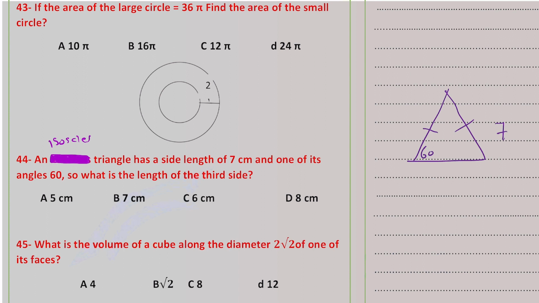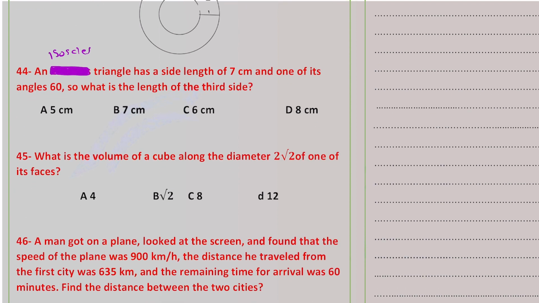Okay, so if here 7, here also will be 7. What about the third angle? 60 plus 60 will be 120, minus 180, it will be 60. So this is an equilateral triangle, and the third side is also 7. Okay, and also you can take it as a rule. If you have an isosceles triangle and one angle is 60, this will be an equilateral triangle.